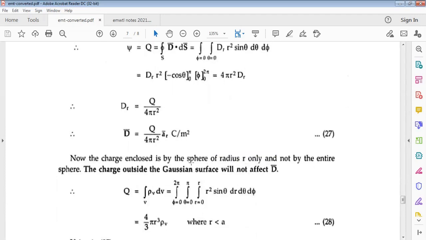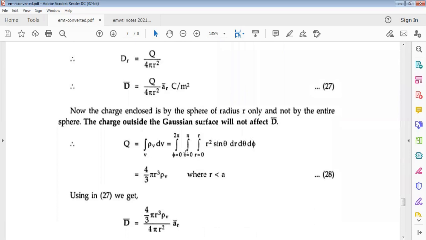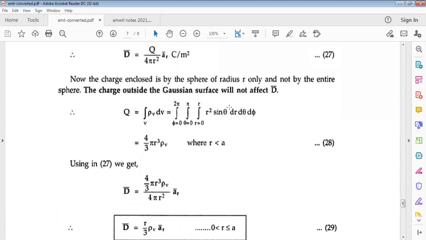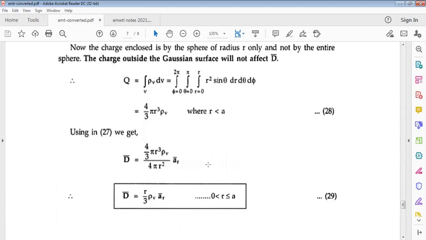Got it, my students? Now, the charge outside the Gaussian surface will not affect the D bar, and the Q inside is equal to 4 by 3 pi r cube rho v. So D bar is equal to 4 by 3 r cube rho v by 4 pi r square. The D bar is equal to r by 3 rho v.